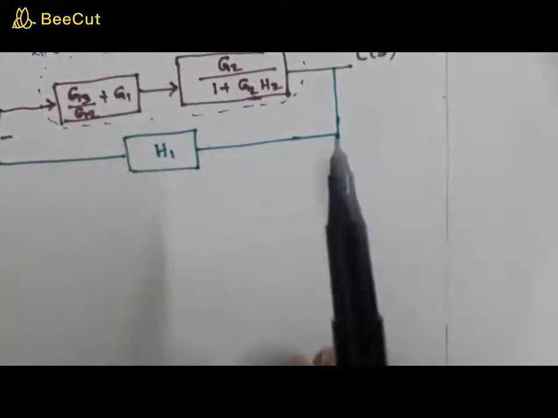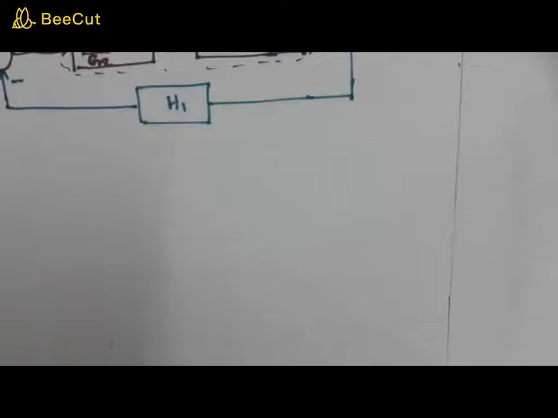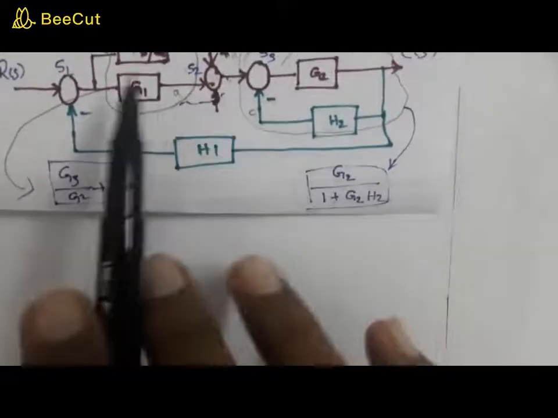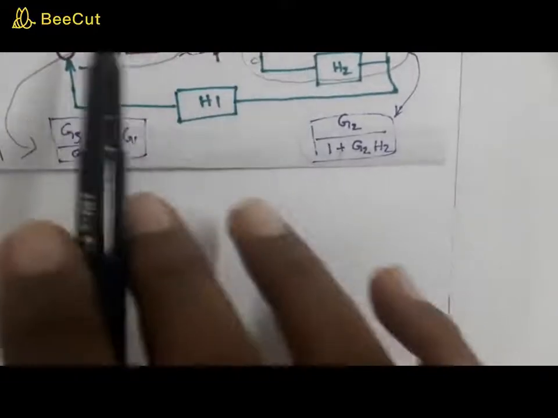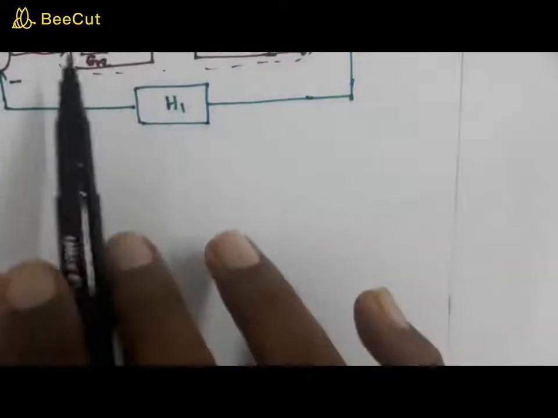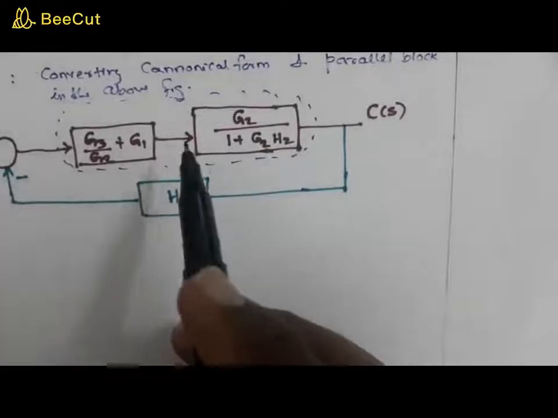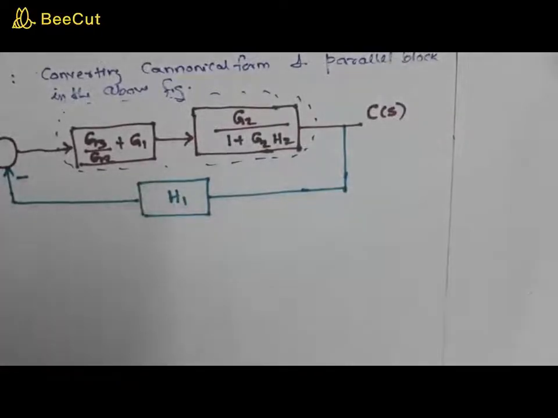Based on this figure, you're converting this into a single block. That is the canonical form and a parallel form into a single block, as shown here. Now the next step is to combine this cascade. So that's your step 3.